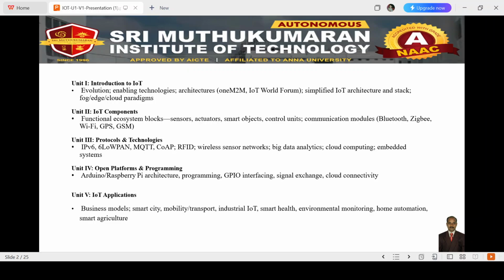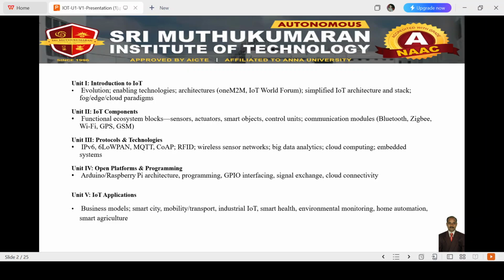Next, Unit 5, IoT applications. This is the real-time usage of the IoT, in which platforms it is being utilized in the current world.